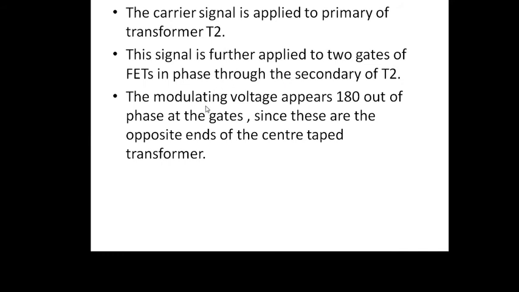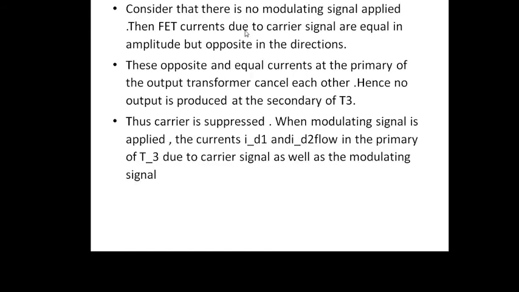The modulating voltage appears 180 degrees out of phase at these opposite ends of the center tap transformer. Consider that no modulating signal is applied; then the FET currents due to the carrier signal are equal in amplitude but opposite in direction. These equal and opposite currents in the primary of the output transformer cancel each other, hence no output is produced by the secondary of transformer T3.